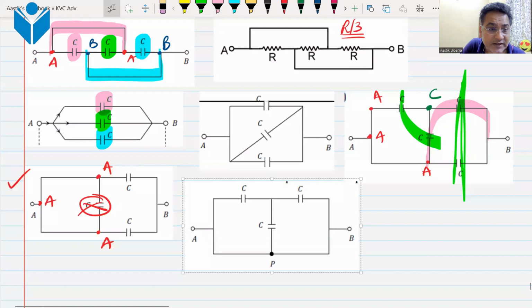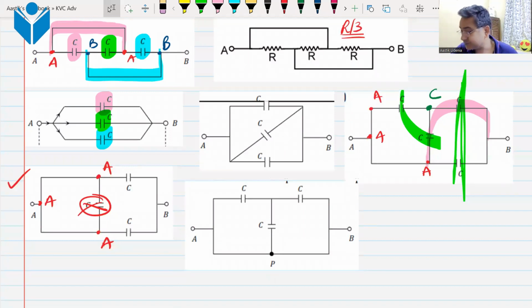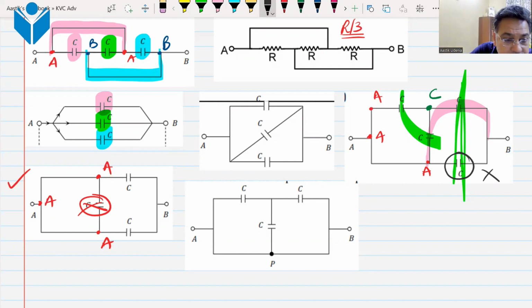Then we have this one, the last one in this type. It looks like the same question. The only thing that I have done is this C has been removed from here. Now what is the equivalent capacitance between A and B? Zero, sir.